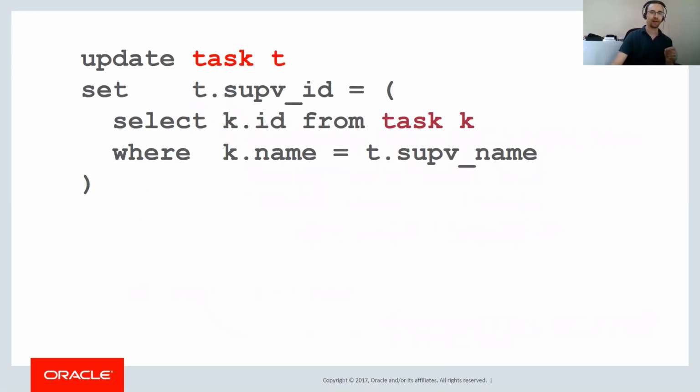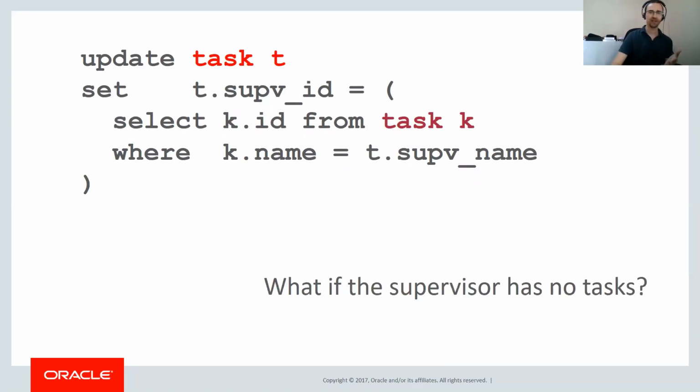And that is, what if the supervisor has no tasks? Does anyone on the chat want to guess what's going to happen to anyone who's got no tasks? What's going to happen to their supervisor ID? Some thinking going on there.